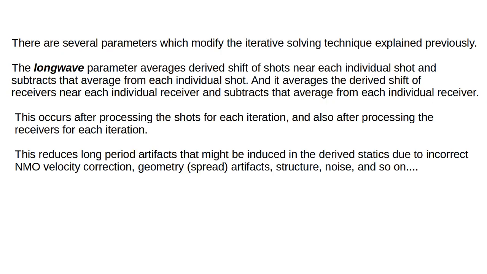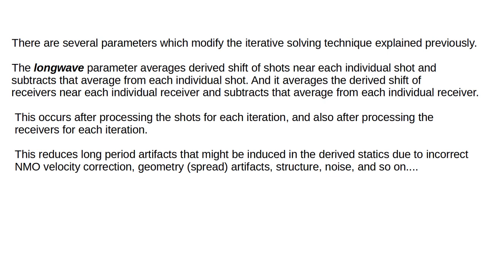There are several parameters which modify the iterative solving technique explained previously. The long wave parameter averages derived shifts of shots near each individual shot and subtracts that average from each individual shot. And it averages the derived shift of receivers near each individual receiver and subtracts that average from each individual receiver.